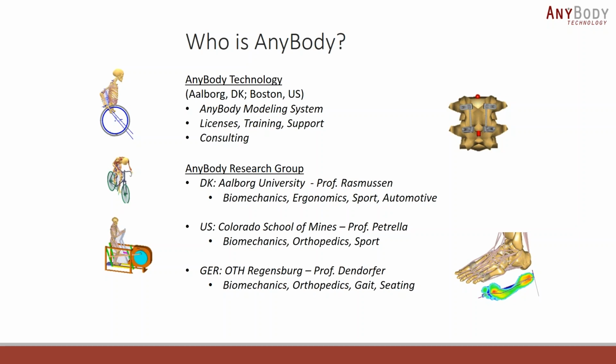But Anybody is also a lot of research, and there is a number of research groups around the world who excel in using the Anybody modeling system. First and foremost, there is the research group here at Aalborg University. This is the research group where Anybody Technology originally originated. There's also a research group in the US led by Tony Protella, and then there is the research group in Regensburg led by Sebastian Dendorfer, and these are the guys you're going to hear from today, so you can look forward to that.